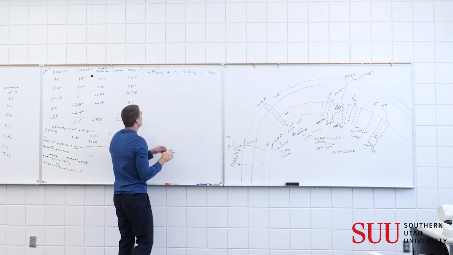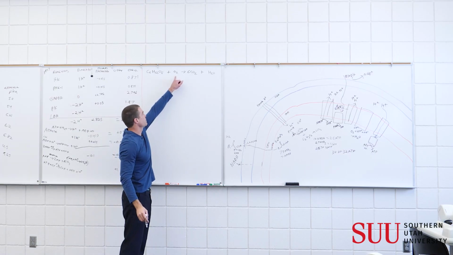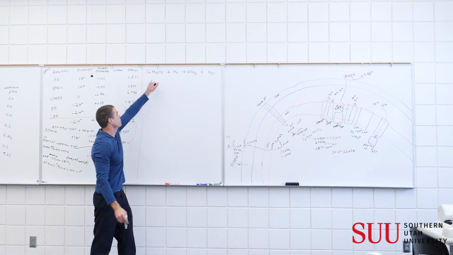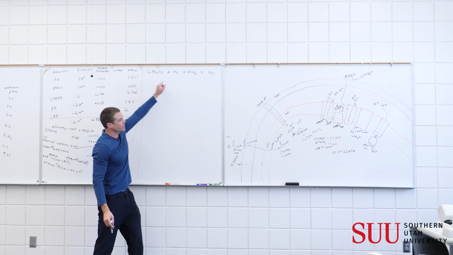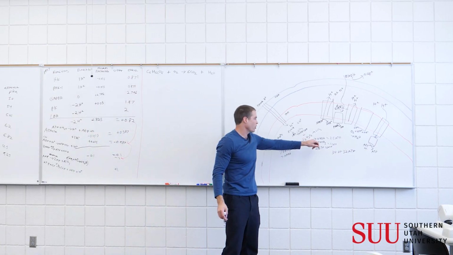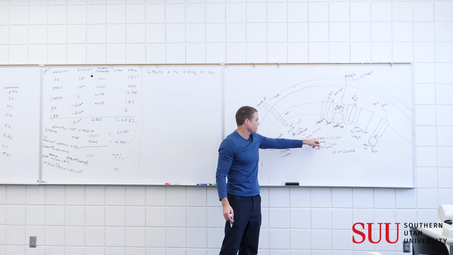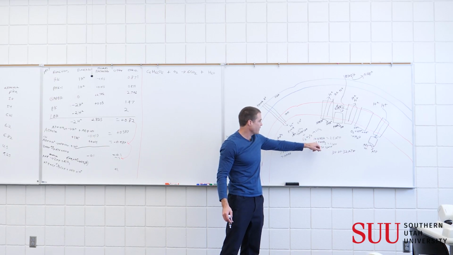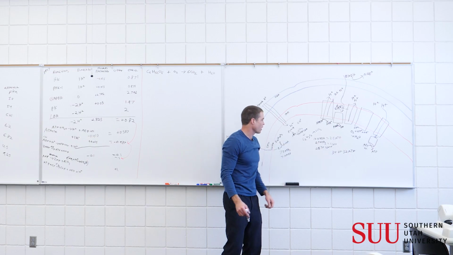Well, we know how many oxygens are needed in order to completely combust glucose. We can actually count all of them. We did that before, and we found there's 24 electrons in total, right? Because you have 10 NADHs, 2 FADH2s, and so that's 12.